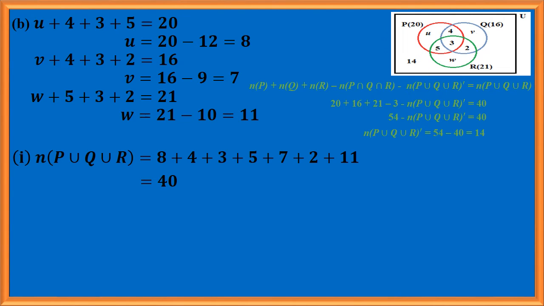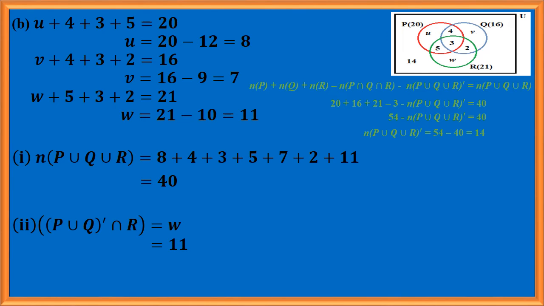And now let's look at Roman number 2, where we're asked to find the number of P union Q complement intersection R. And from the Venn diagram, this represents R only. So the value of W from here was 11. So this will be equal to 11. But we were asked to find the probability of this.